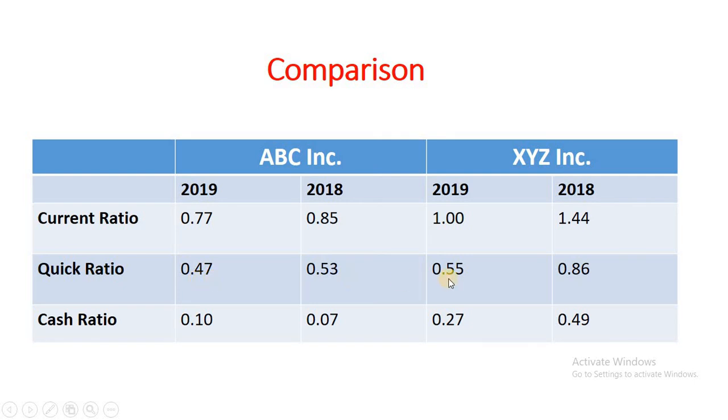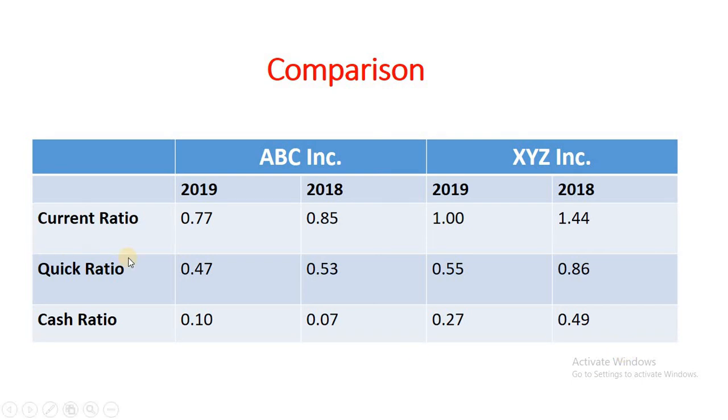Same is true for quick ratio and cash ratio. So it indicates that ABC Incorporation has a liquidity problem. So the company needs to take steps to increase its current assets and minimize its current liabilities.